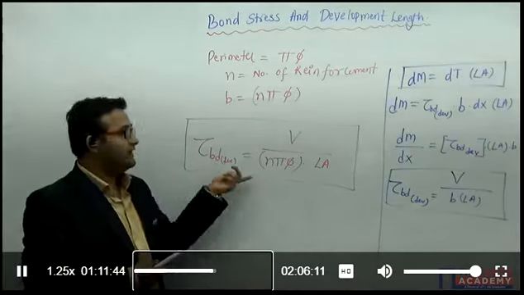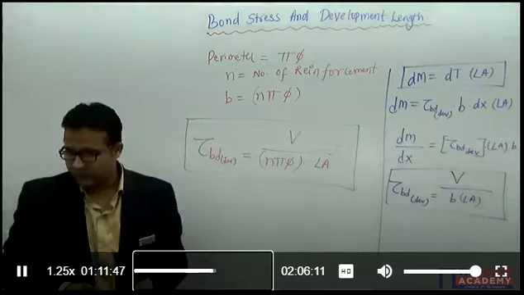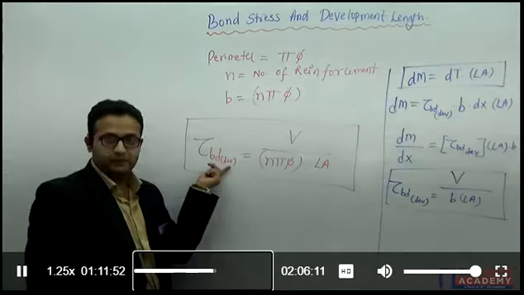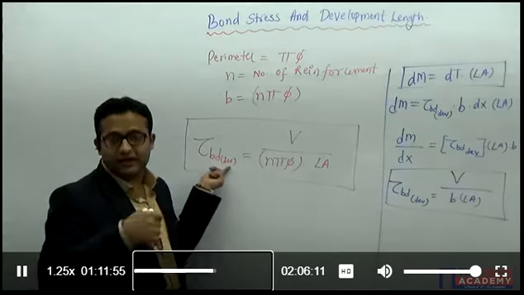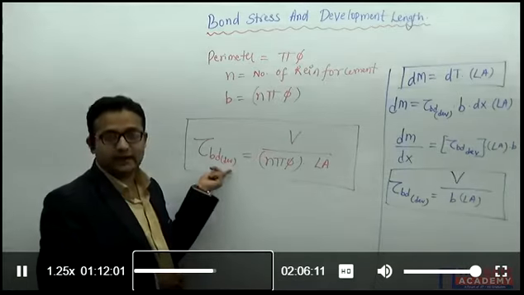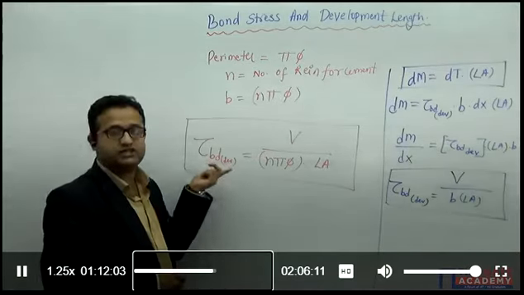Please note down this. This is a very important formula. These are actually stresses which are coming due to the external loads, due to the external moments, due to the imbalancing moments. It's called the developed bond stresses.